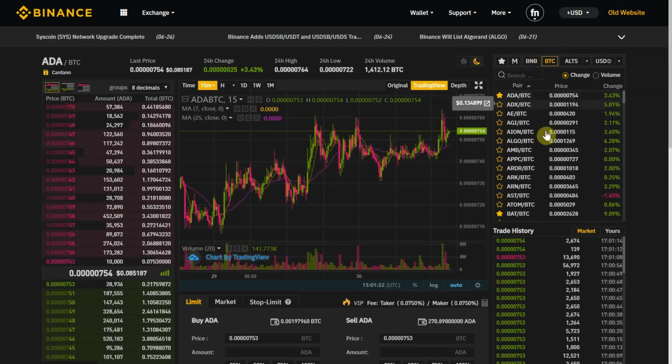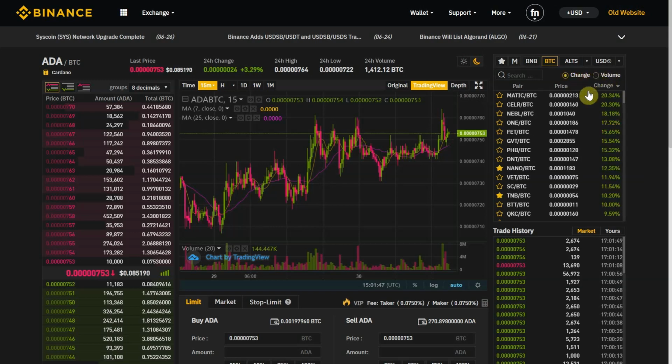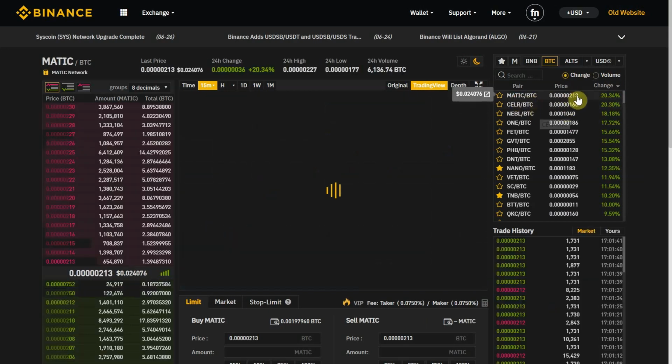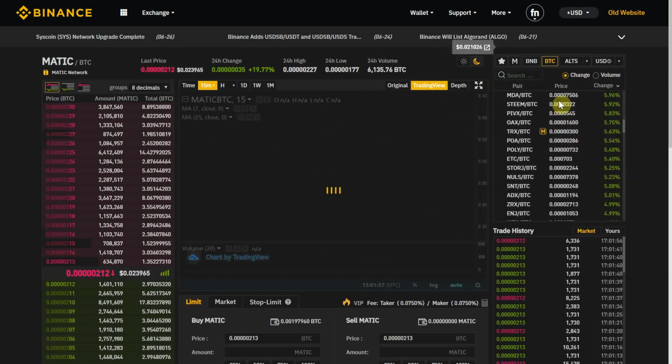And here you have the BTC pairs. Right now we're looking at Cardano. You can sort by volume or percentage. Matic, I don't know what this one is. Anyways, this is where you can select the market that you want to buy.